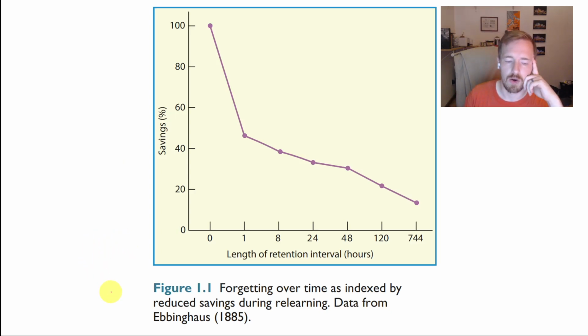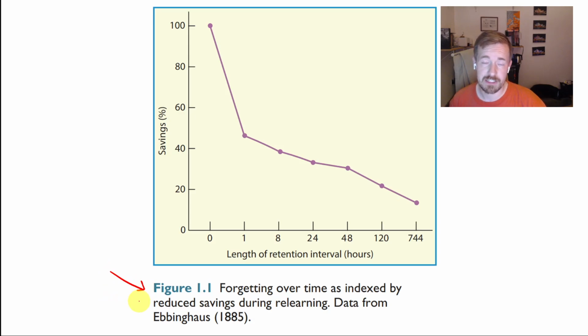This is a really early example, and I might even argue some of the very first data on memory ever collected scientifically. This is from Hermann Ebbinghaus. This is the guy that we are going to see next week. Hermann Ebbinghaus was a German guy who was around, and if you don't know the history of psychology, especially experimental psychology, it has a lot of roots in Germany.